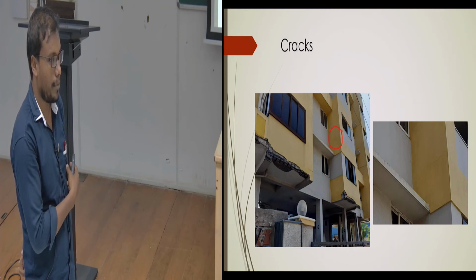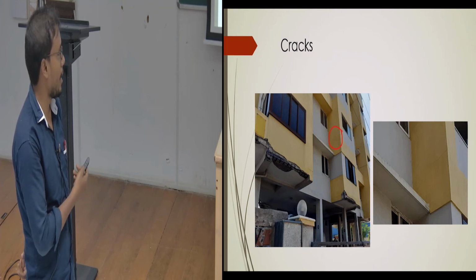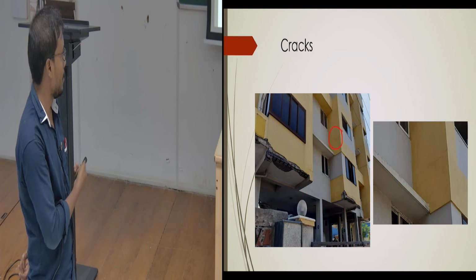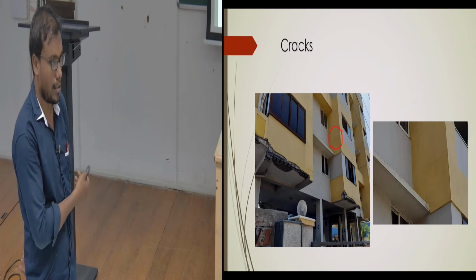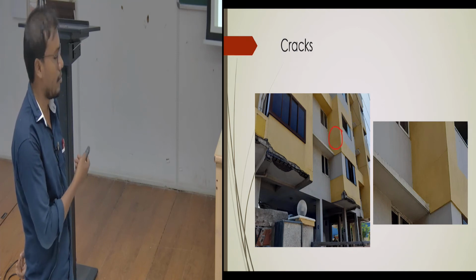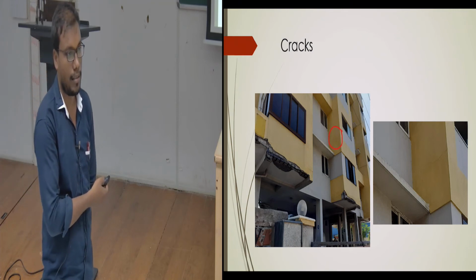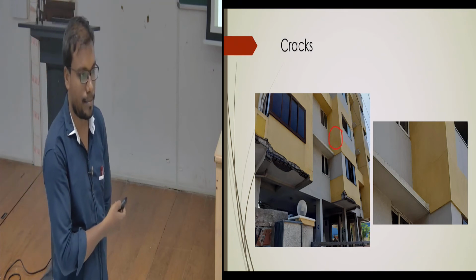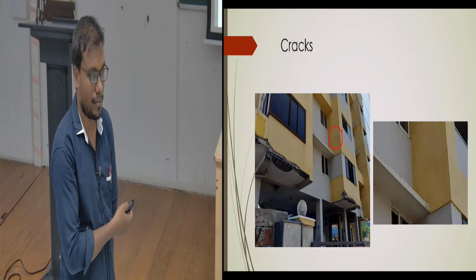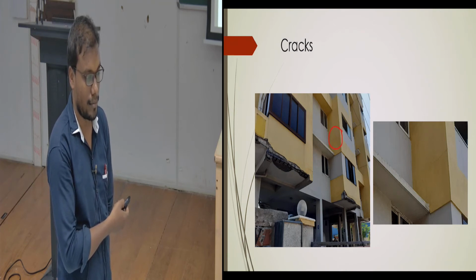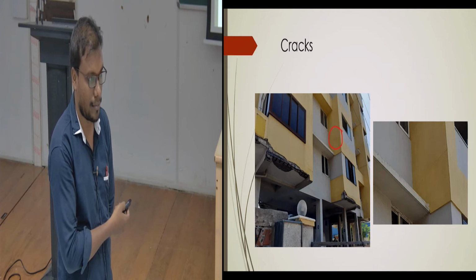Suppose it failed because of the cantilever, then the cracks must be at the joint. But the cracks are not at the joint, but at the outer portion. What Dr. Karthik is saying is, when you have so much extension out, if you don't have enough concrete cover, that will force it to crack. The cantilever will deflect like this.